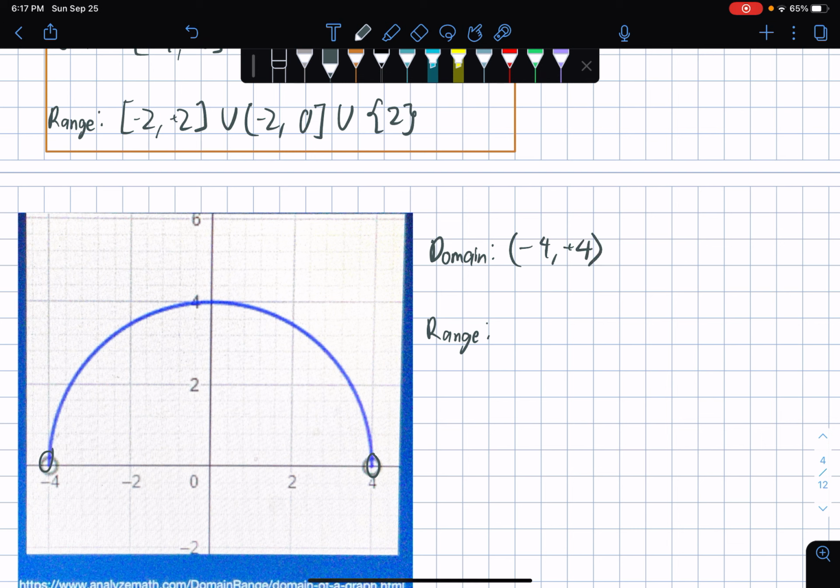The constants are encased in parentheses since both sides are hollow points. And for the range, all the way here, it's basically 0, then +4. Of course, even though you don't really see that 0 is part of the hollow point in a sense, they're on the same level. So obviously this is affected. So 0 is encased, not in a bracket, but in a parenthesis. Well, obviously 4 is encased in a bracket.